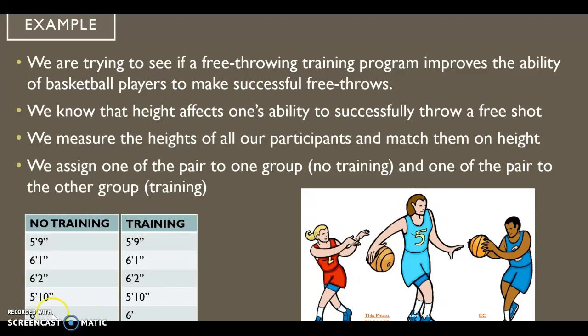So you'll see that you have a 5'9" in the training and a 5'9" in the no training, a 6'1" in the no training, a 6'1" in the training, a 6'2" in the training, a 6'2" in the no training, and so on. So that height is not different between those groups. The only thing that's different between those groups is that one got the training and one didn't. So you're matching them on a variable that affects the outcome of your study.